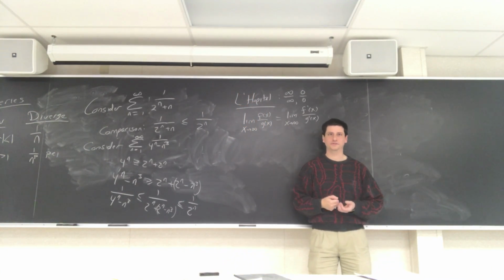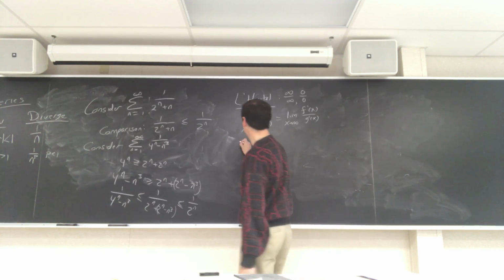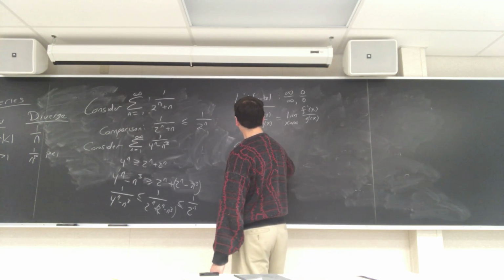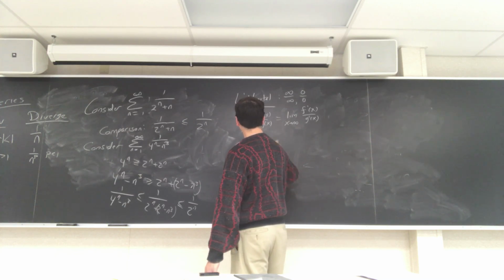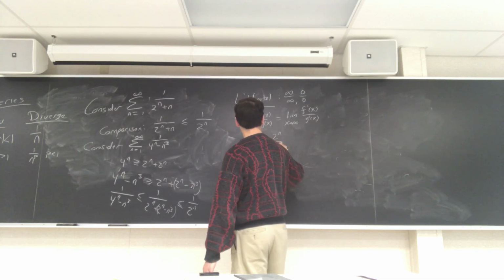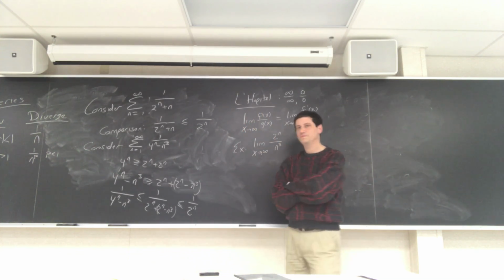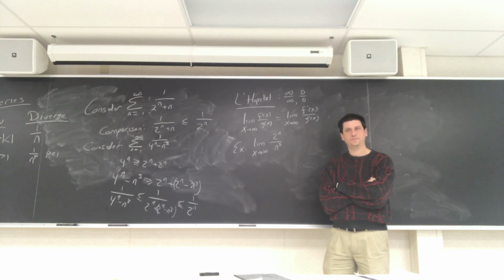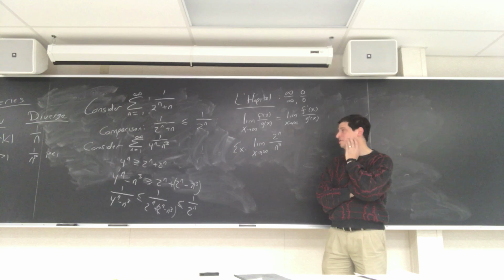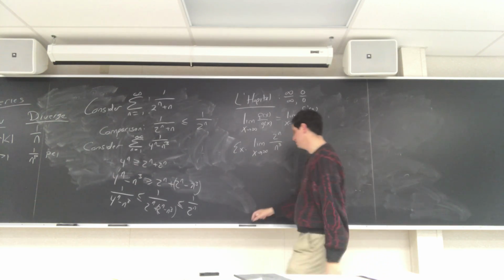You keep L'Hopitaling. Okay? So for example, let's say we want to look at the limit as x goes to infinity of 2 to the n over n cubed, to see which one is growing faster. Well, we would need to take the derivative of both of these. Oh, I'm sorry, this should be x's now.